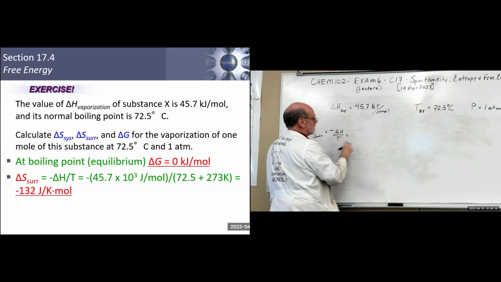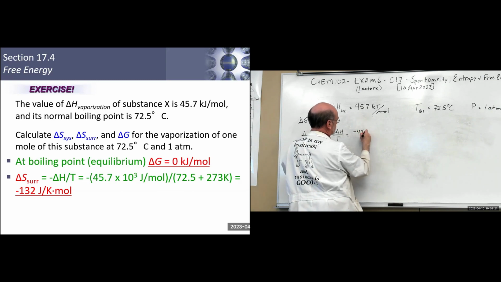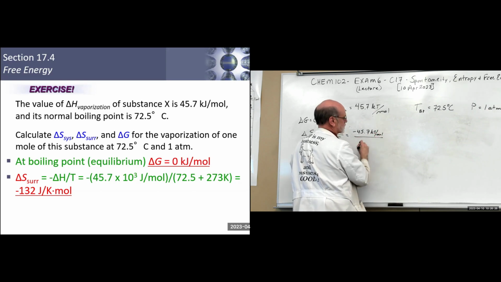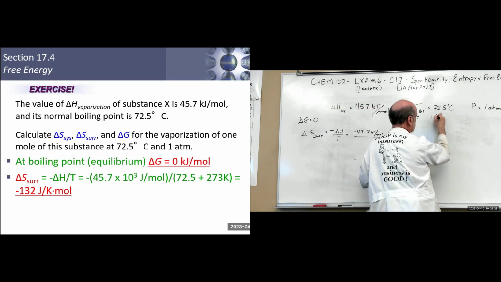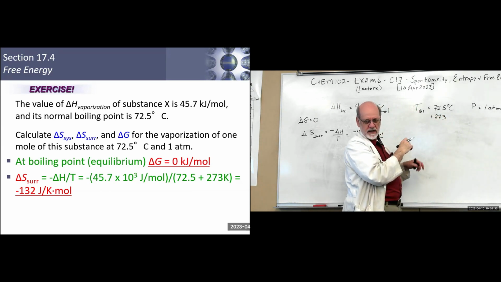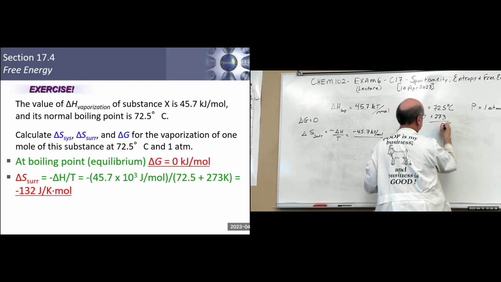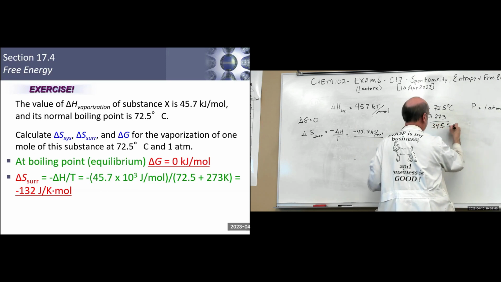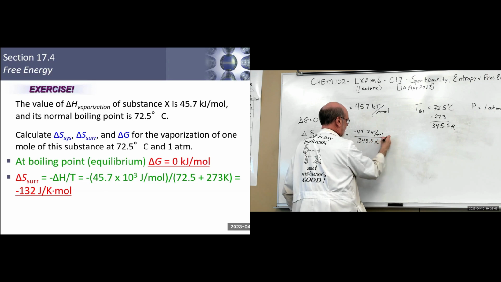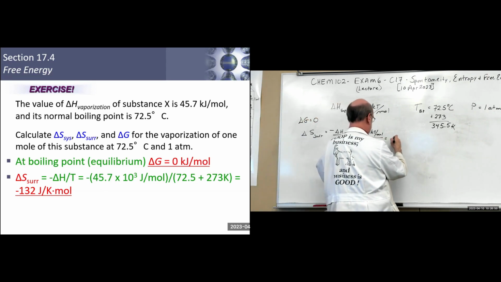So if we insert the delta H here, negative 45.7 kilojoule per mole, divided by the temperature, which is this one plus 273, we're just using 273, 345 K. All right. Then we divide those out and we get a negative.